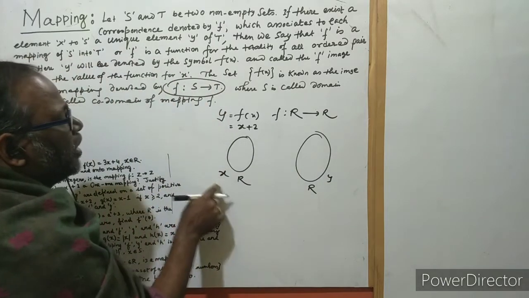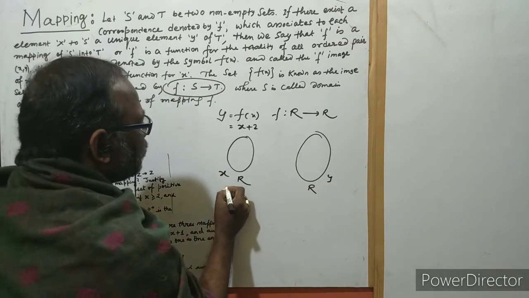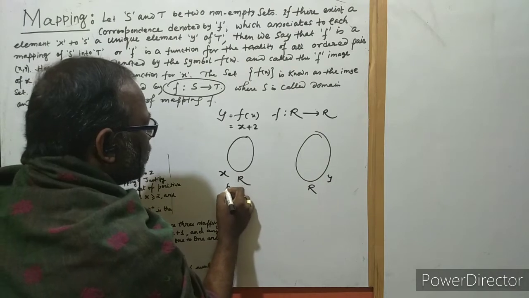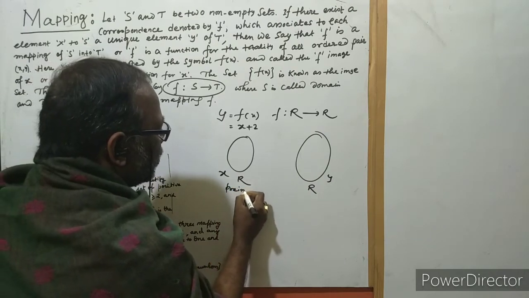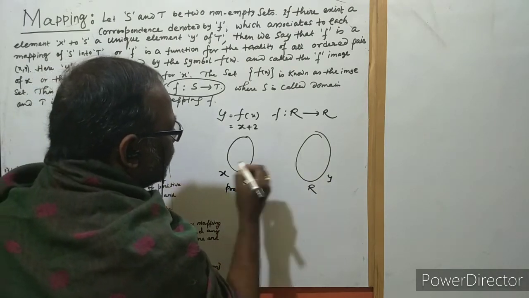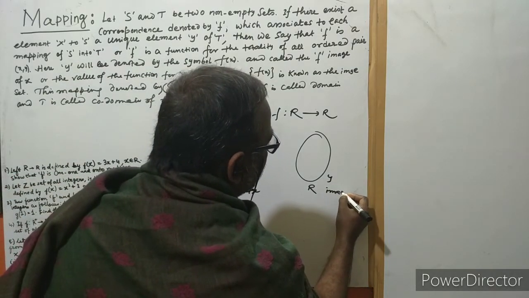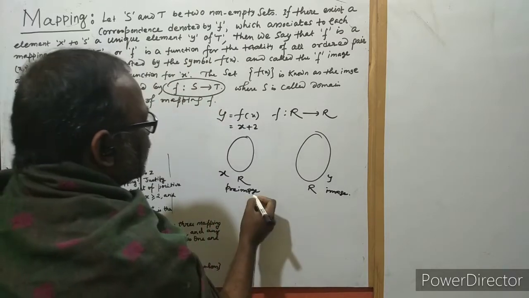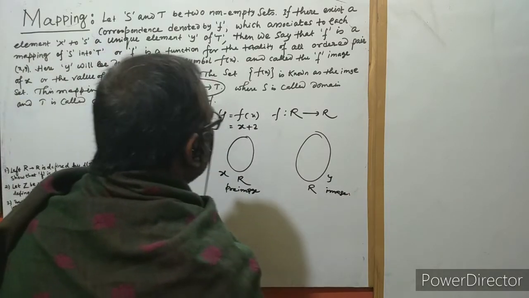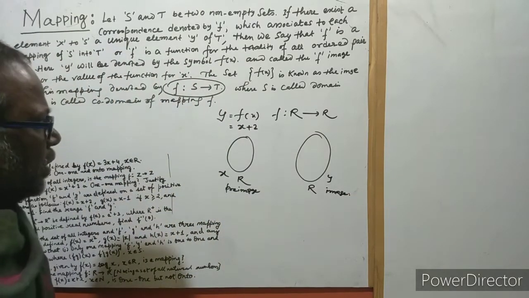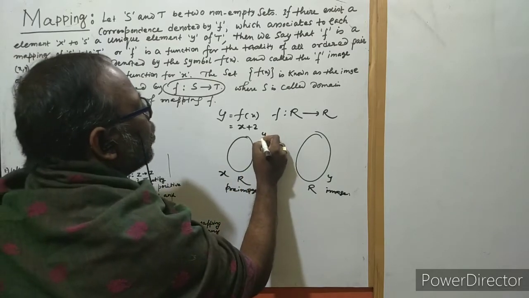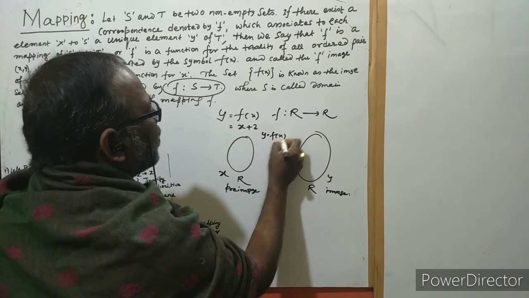This is called the pre-image, and here is called the image. See, this is y equal to f of x.